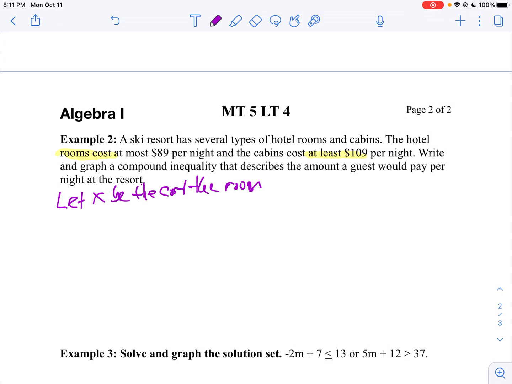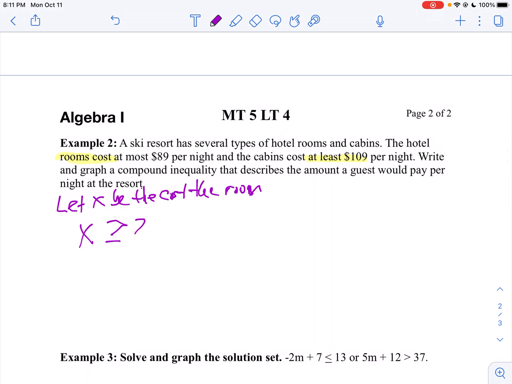At most $89. So that means that most is going to be $89. So it's going to be X is greater than or equal to 89. At most. Try that again. That's wrong. At most means it's less than or equal to. So X is less than or equal to 89.